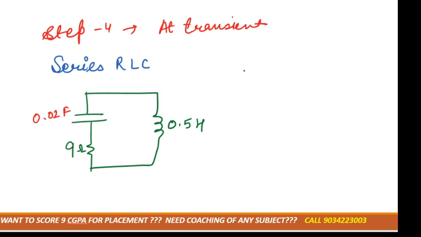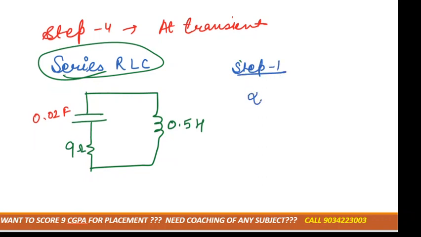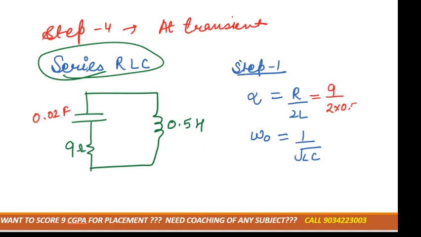For this, as I told you, there are certain steps for a series RLC circuit. Step number 1, we have to calculate the value of alpha and omega naught. Alpha is R by 2L for series. Omega naught is 1 by root of LC. R we know, 9. L we know, 0.5.